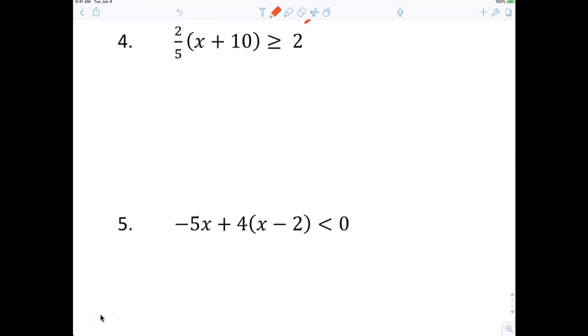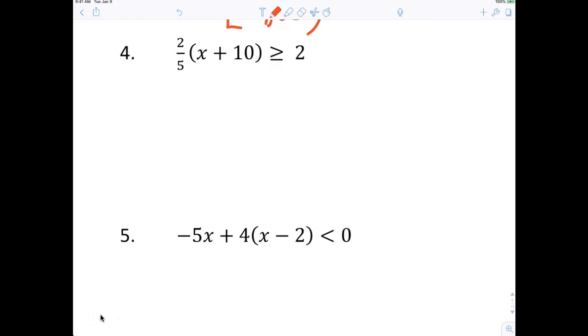Now, I really want to talk to you about number 4 because I want to talk to you about multiplying by the reciprocal. The reason why I want the reciprocal is because I don't like dealing with fractions. So everybody put the reciprocal of 2/5. That would be what? 5 over 2. Times 5 over 2, these guys cancel.